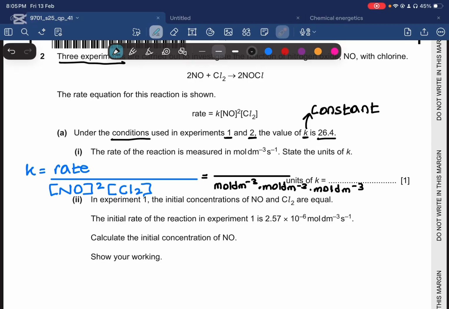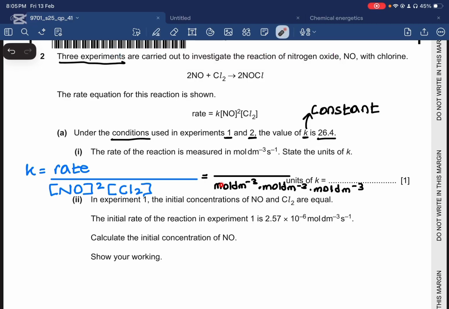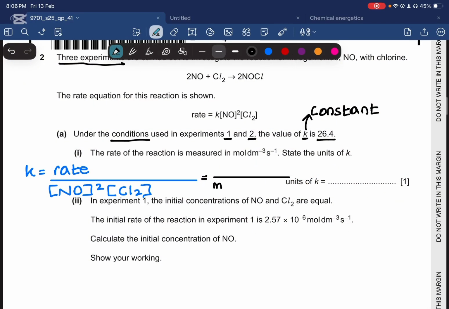Just join them together. It's going to become mol to the power 3, dm to the power -3 -3 -3, which is -9. Basic laws of indices: bases are the same, powers get added. So this entire thing becomes mol^3 dm^-9.